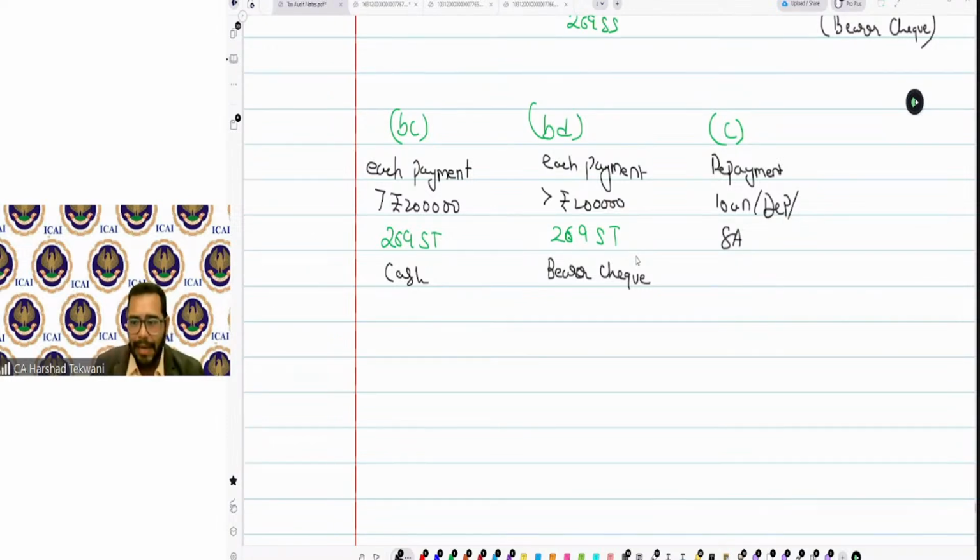Now the limit here is exceeding 20,000. So the limit is coming from section 269T, which is made during the year. Particulars of each loan repayment, deposit repayment, or specified advance repayment.